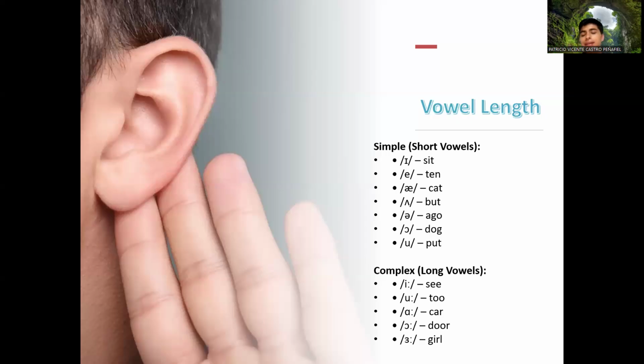And the last one in the list is girl. Remember, when we pronounce this kind of vowel, you have to keep in mind: lips neutral, tongue central. Don't forget this short phrase because it is going to be very helpful when you have to remember this vowel.